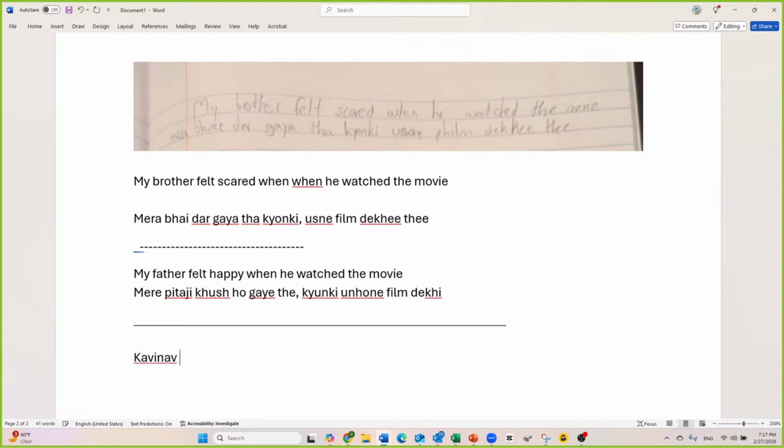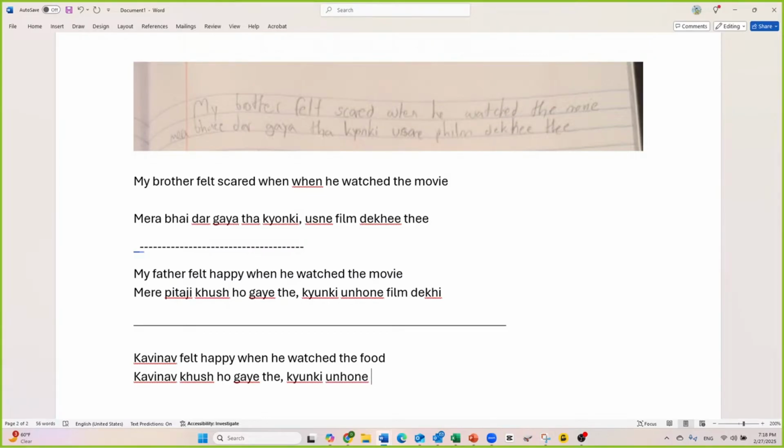Now, I'm going to write an English sentence and you will give it to me in Hindi. Kavi now felt happy when he watched the food. Avinash खुश हो गए थे क्योंकि उन्होंने काला देखी.